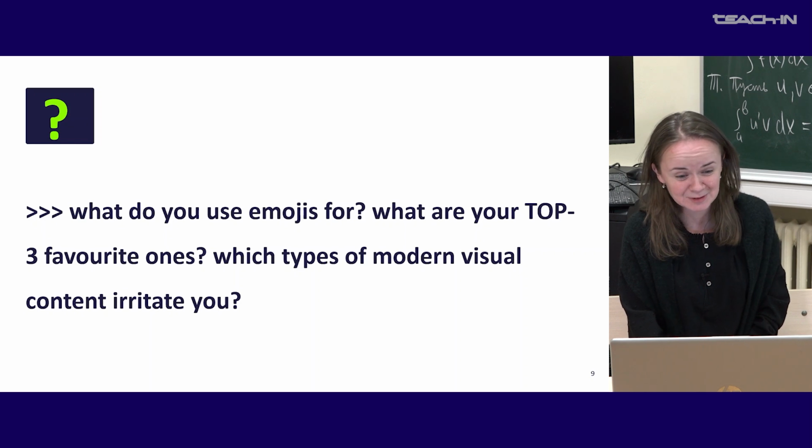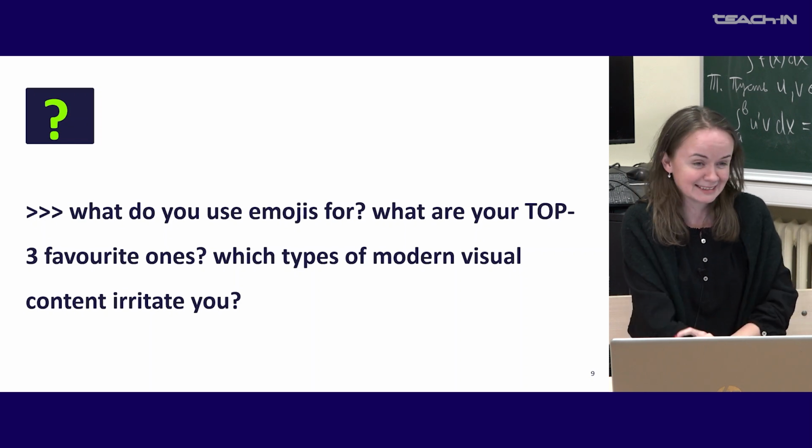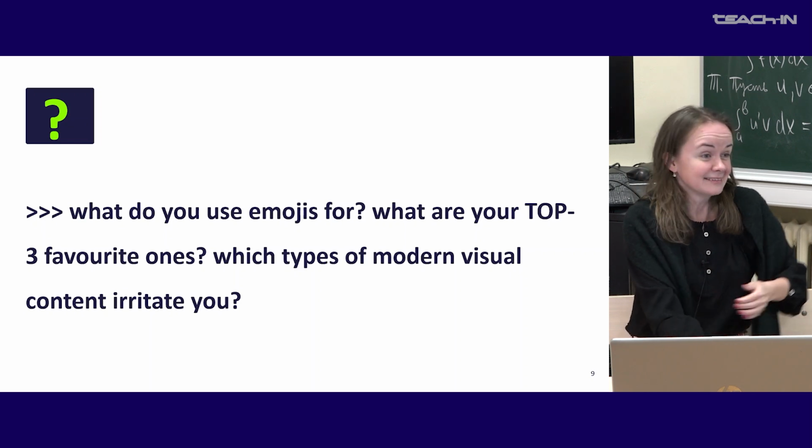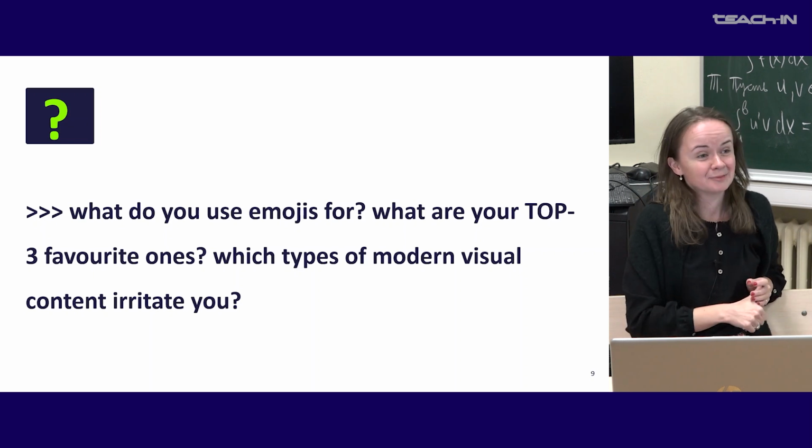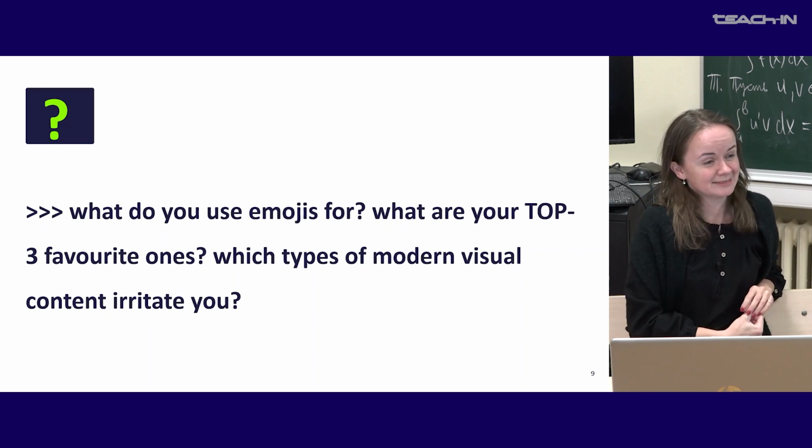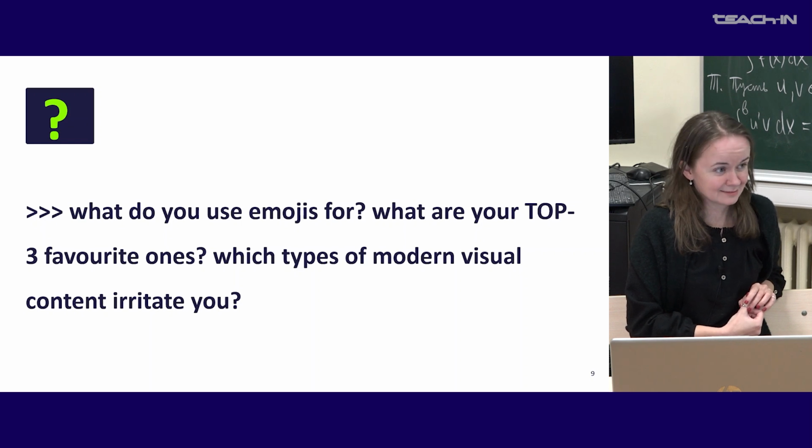But still, I overuse them. However, I don't like GIFs at all. Anything else to share? So AI generated pictures, what else do you consider as irritating? There's nothing that can irritate. All types can be funny and all types can be very boring and annoying. Yeah, that's true. It's quite personal.